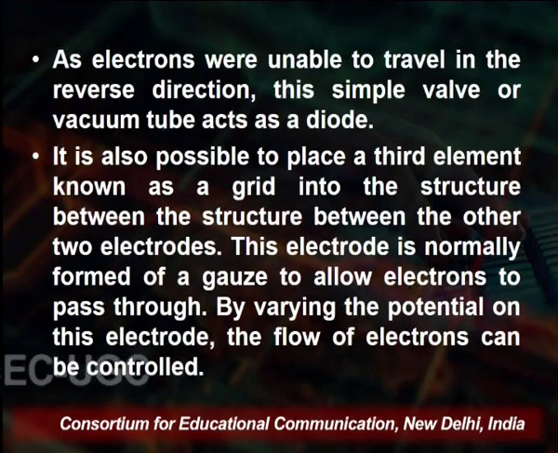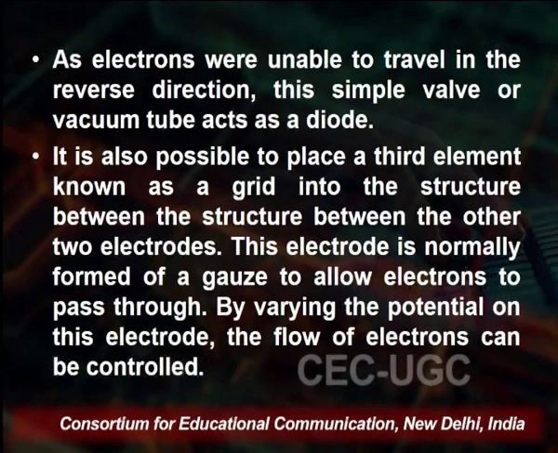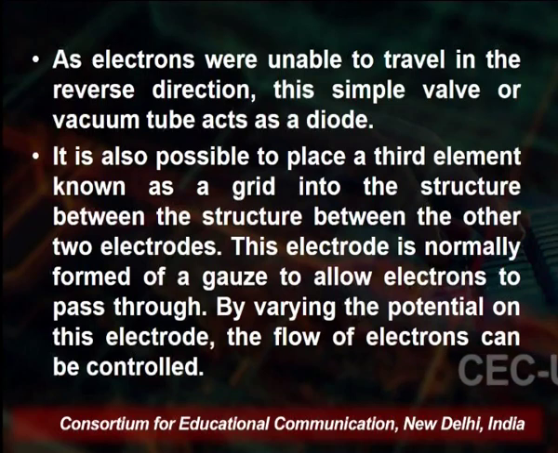It is also possible to place a third element, which is known as the grid. As you will see in the further slide, there is a third element, a grid, in the structure between the two electrodes. This electrode is normally formed of a gauze to allow electrons to pass through. By varying the potential on one of the electrodes, the flow of electrons can be controlled.